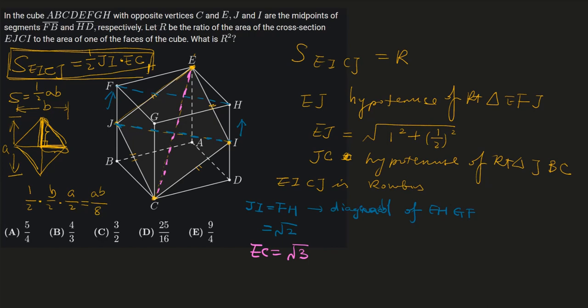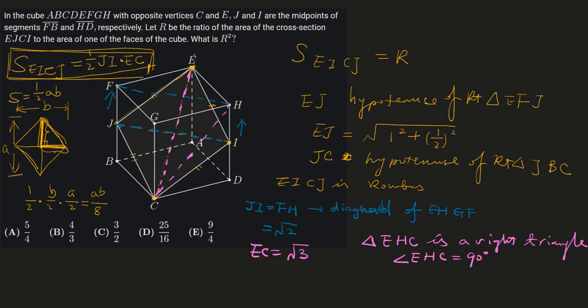Because if we connect this line CH, that is the diagonal of a side face of the cube. Then the triangle EHC is a right triangle. And the angle EHC equals 90 degrees.